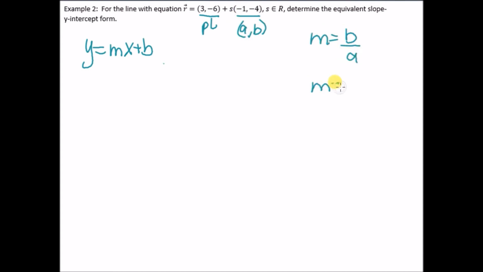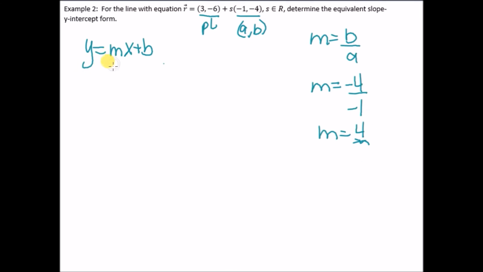Example 2. For the line with this equation, determine the equivalent slope y-intercept form, y equals mx plus b. We know that this is one of the points, and this we can convert into the slope. This is a comma b, and our slope is b over a, so our slope is -4 over -1. I'm going to write it as just 4.